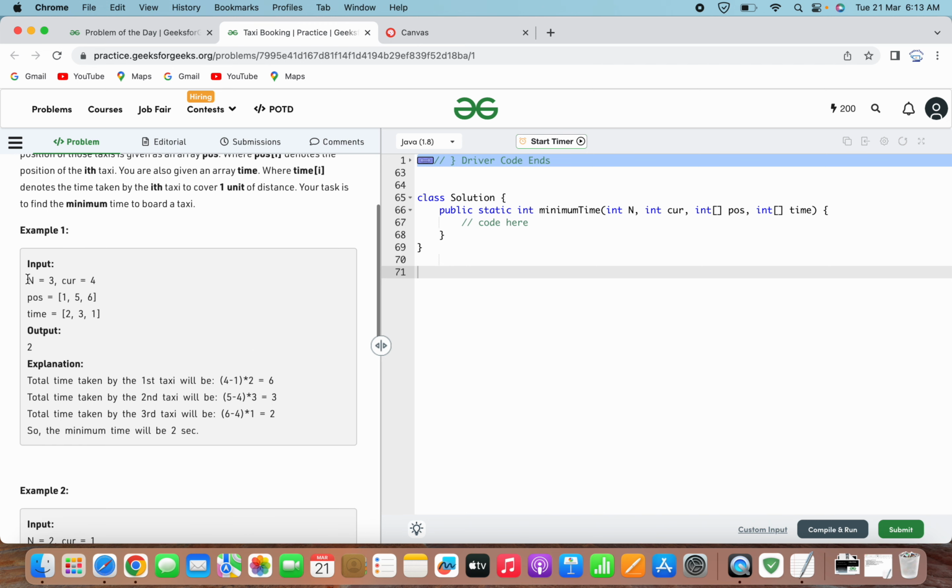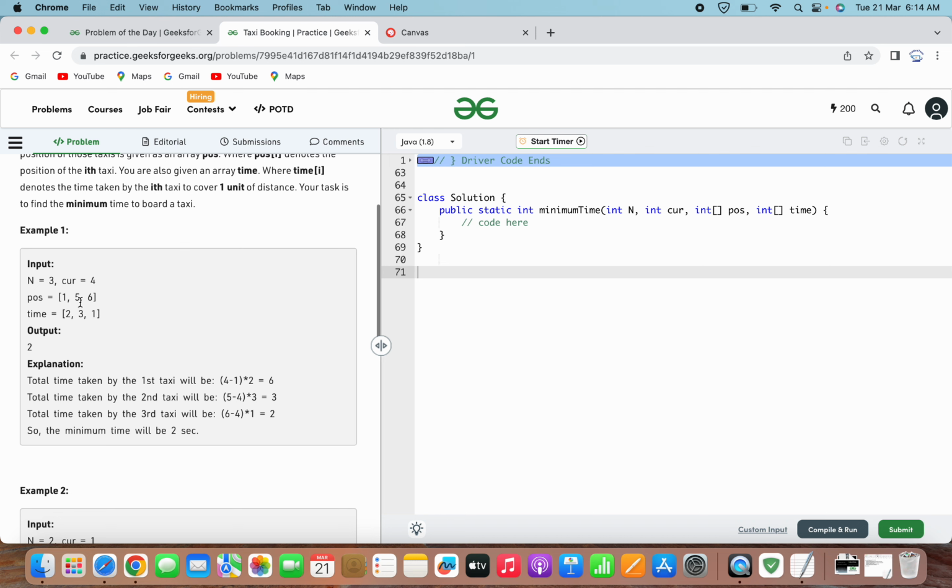So here it is said n is equal to 3 and the current position of the person who is going to book the taxi is 4. The positions of the taxis are 1, 5 and 6, and the time taken by all these taxis is given in the time array, which is 2, 3 and 1.